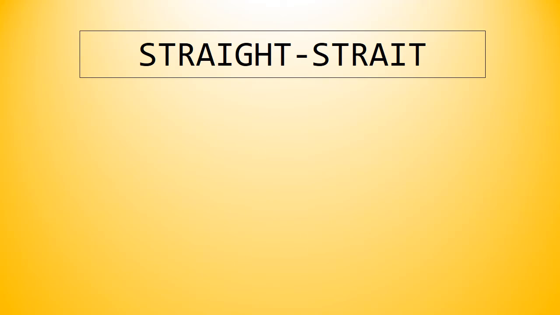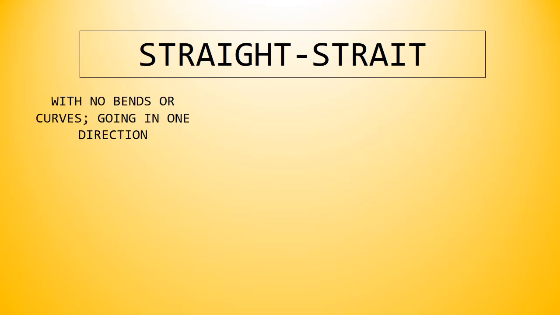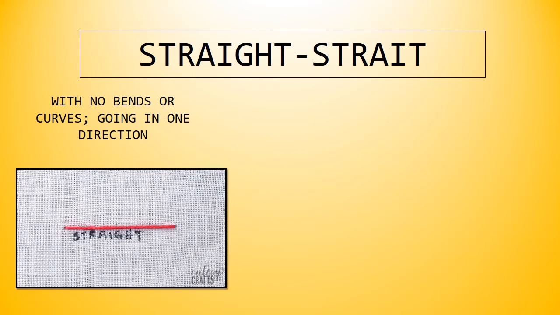STRAIGHT acts as an adjective, which means with no bends or curves, going in one direction. Many ways to use this word in sentences, but do remember that this word should be used as an adjective. Like, after dinner, we went straight back to our house.